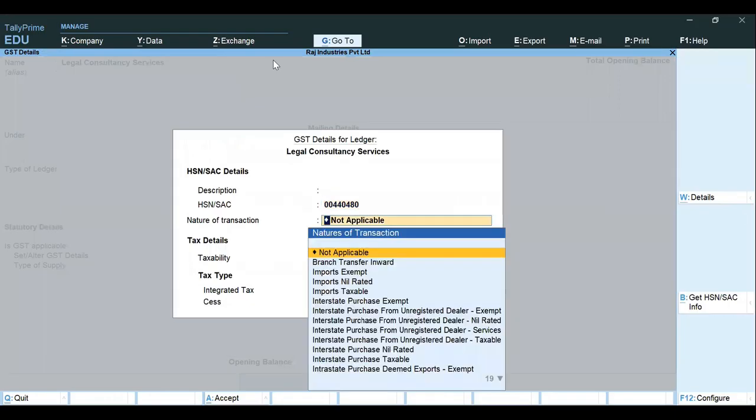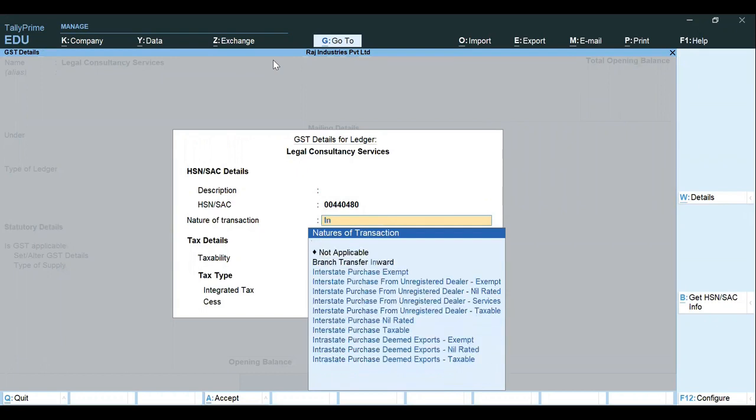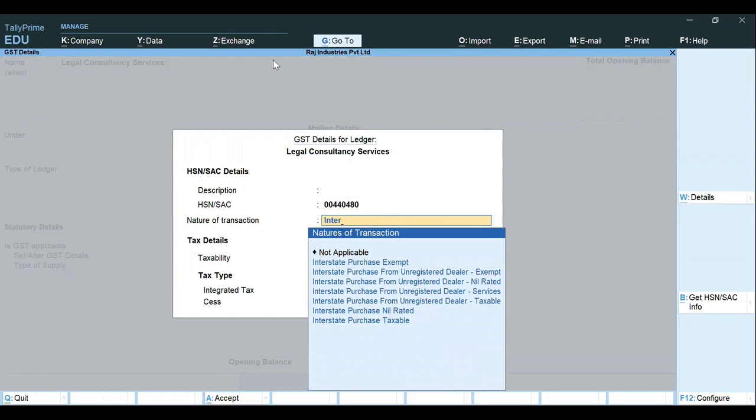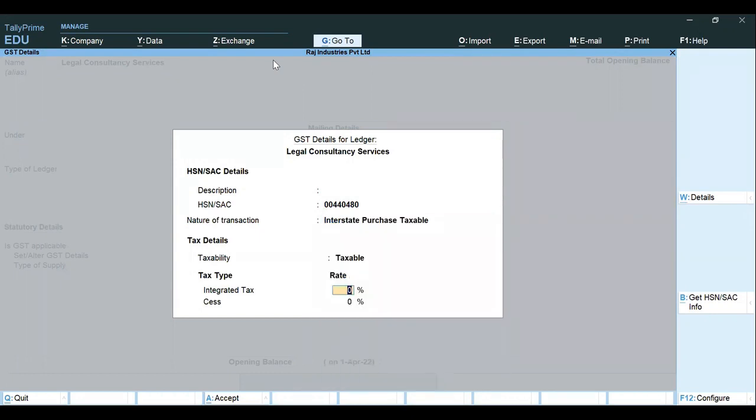Now, here I'm saying I am purchasing the services from outside the state, meaning this is an interstate purchase taxable. And the rate is 5%. So this is how you create or bifurcate your services within intra and inter.